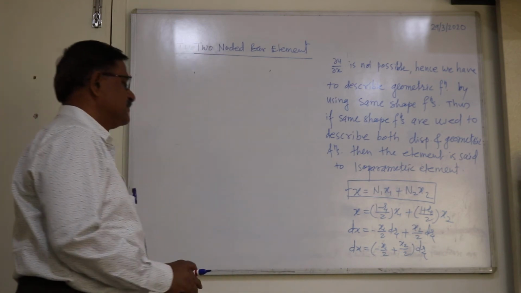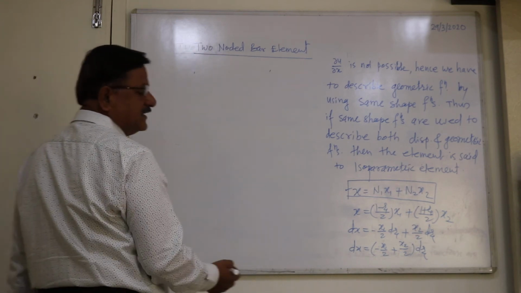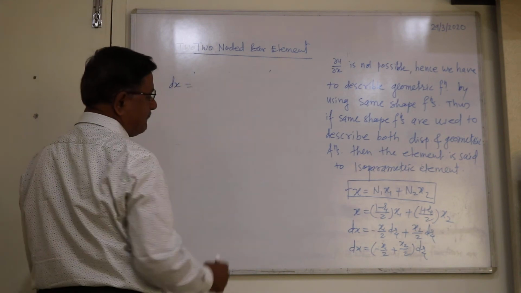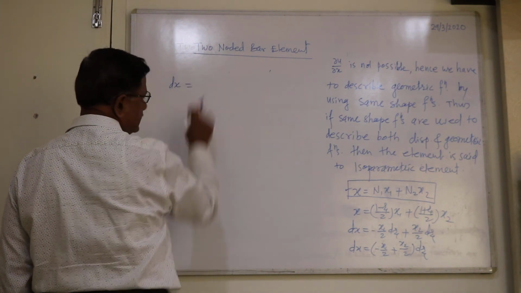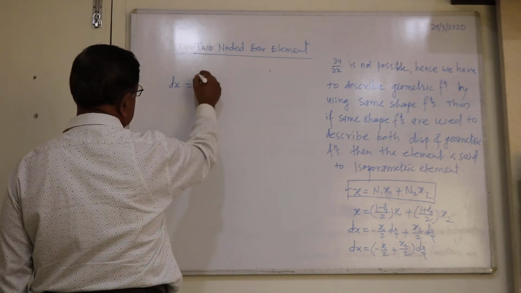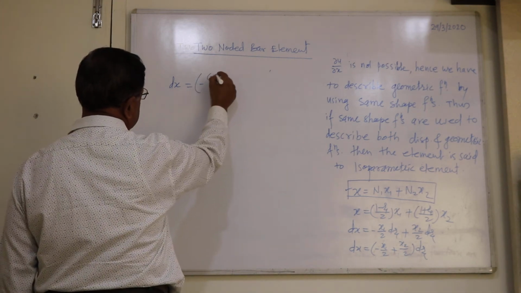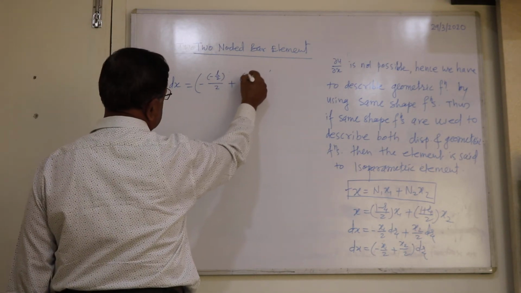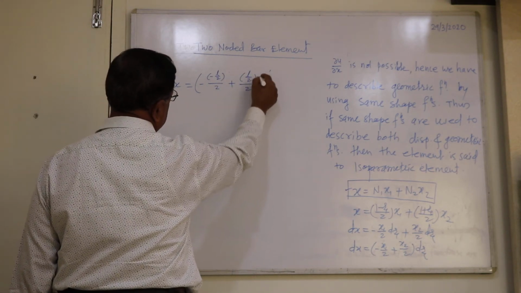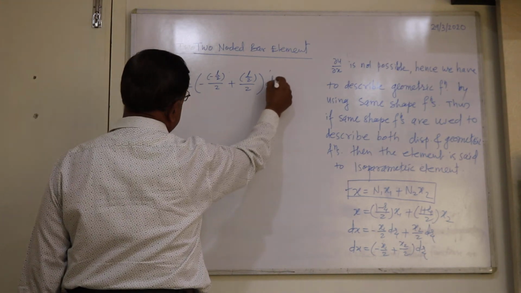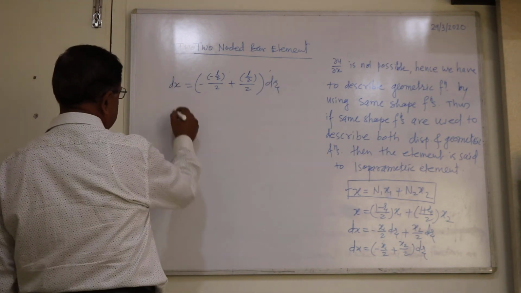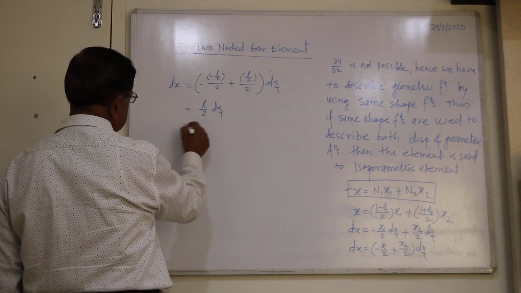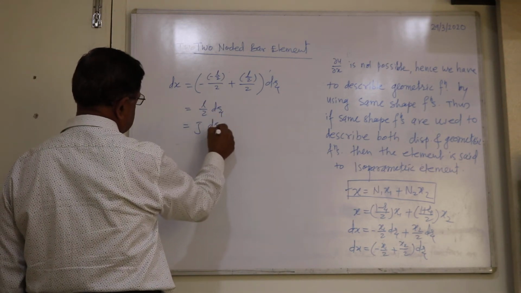Now substitute for coordinates x1 and x2: x1 is minus L by 2 and x2 is L by 2. So dx is equal to minus minus L by 2 upon 2 plus L by 2 upon 2, times dxi. So this becomes L by 2 dxi. So this is J dxi.